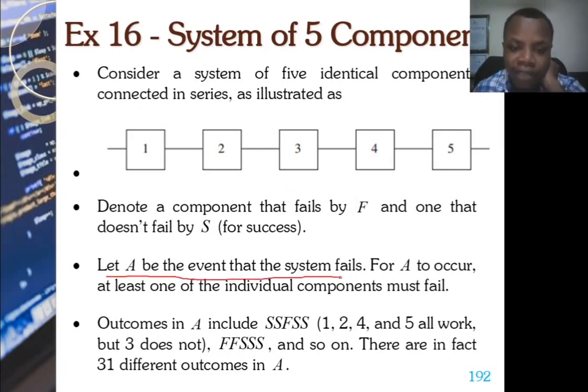Remember, A is an event that the system fails. So we could even have S, S throughout, but immediately one of these components fails, it means that the event that we are looking for has been satisfied. And with this scenario, we can come up with about 31 different outcomes in which a component within this series is going to fail.